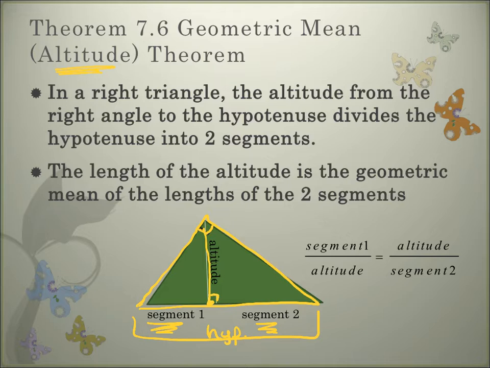This is what I'm going to be using in this proportion. Notice here it's labeled as the altitude, and over here is segment 1, segment 2. So again, what we would do is multiply segment 1 times segment 2, and then square root it to get the length of the altitude.